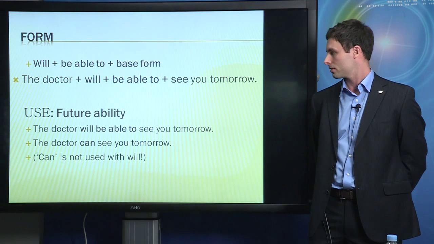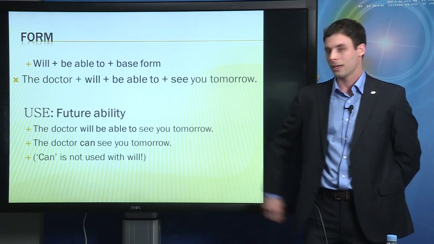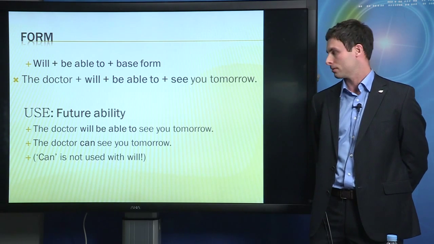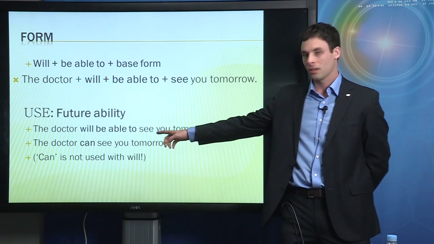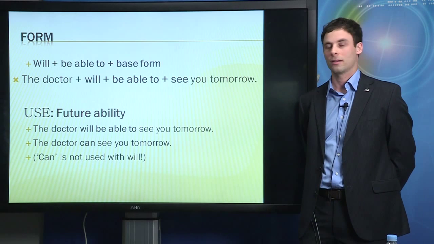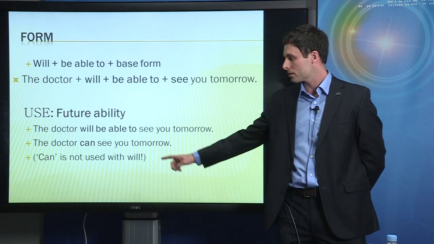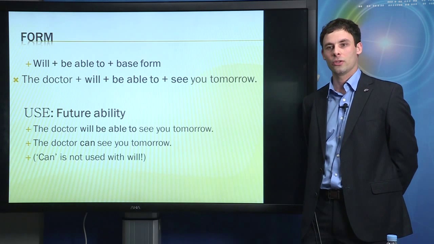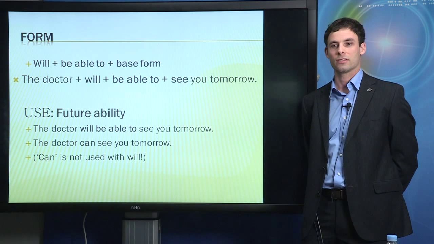So using this to state something that can happen in the future. So will be able to, in this instance, has the same meaning as can. However, you must note this last point, cannot be used with will. So will be able to is the correct form.